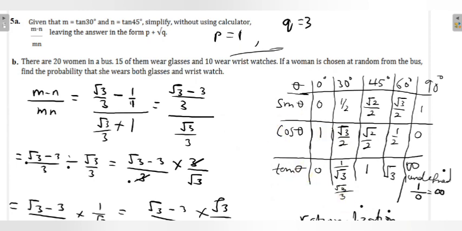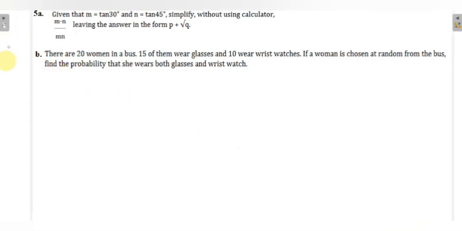Okay, this problem is on sets and Venn diagrams. So there are 20 women in the bus. 15 of them wear glasses. So let's see, the universal set is equal to 20. Let's take G to be the number of women that wear glasses, 15.